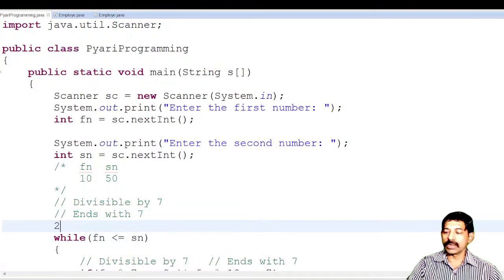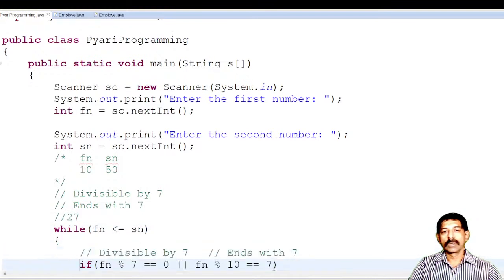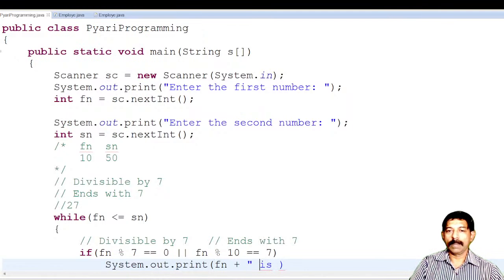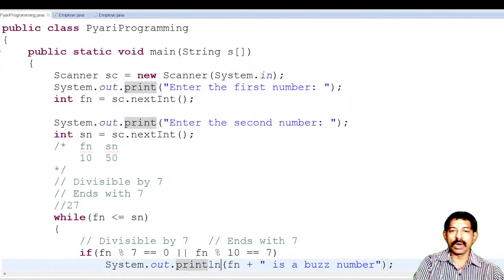Suppose I am saying 27, which ends with 7. Then I will display with system.out.print. Which one is the bus number? First number is a bus number. Now I will use println over here because I need to get more than one output.